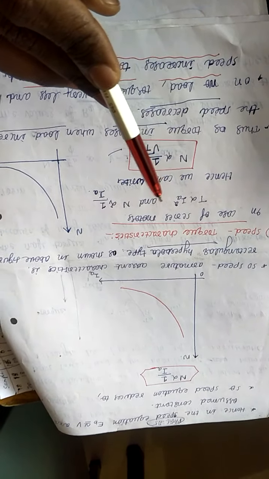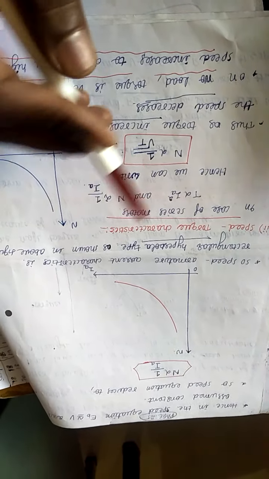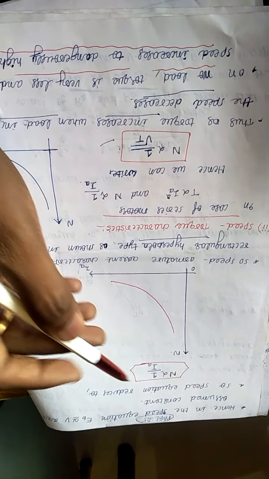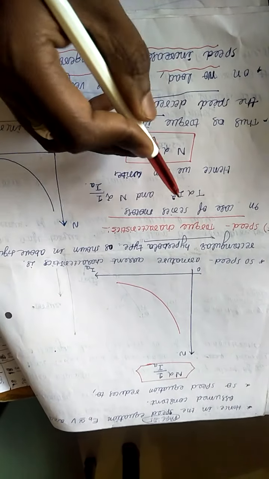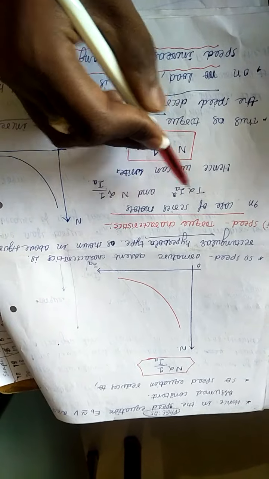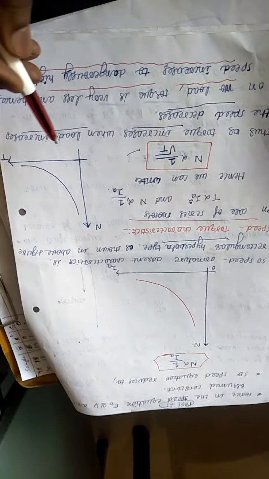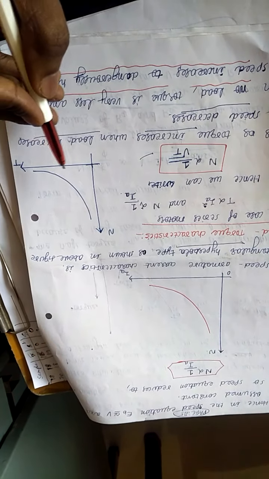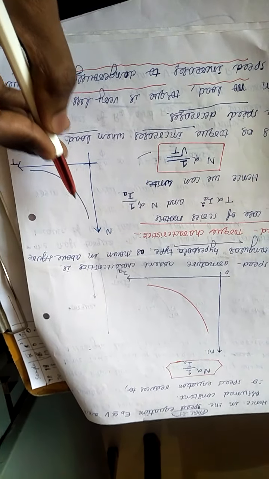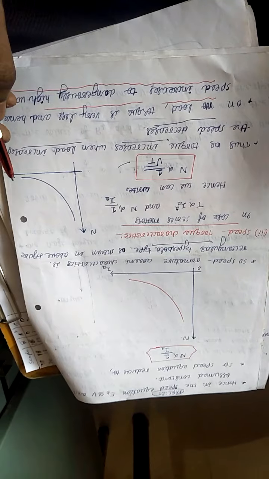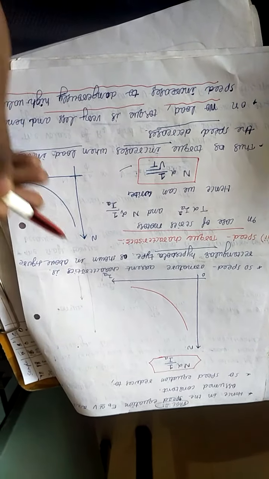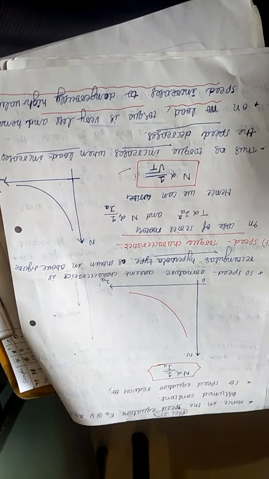If we come to the speed-torque characteristic, torque is directly proportional to Ia squared. So in place of Ia you write the T value, that is, the square root of T. As the torque increases, the speed decreases; speed decreases as the load increases.